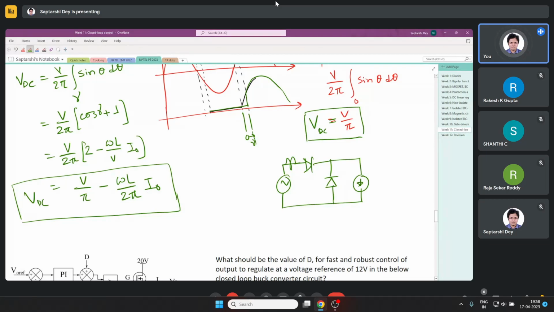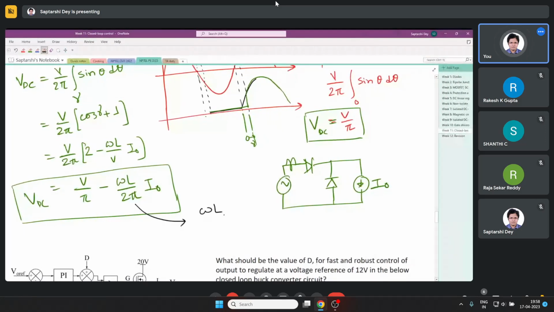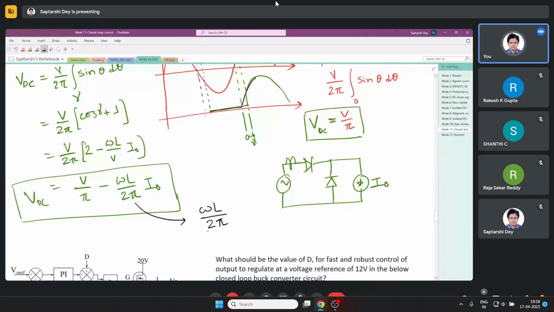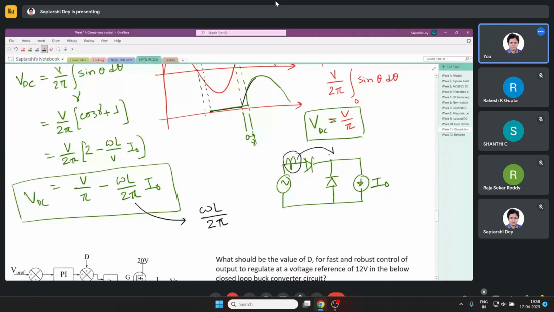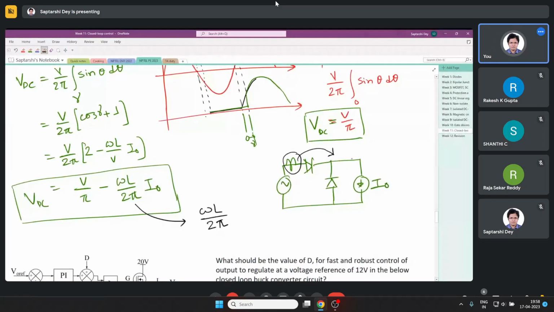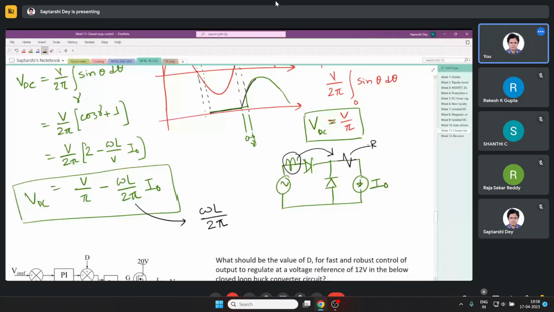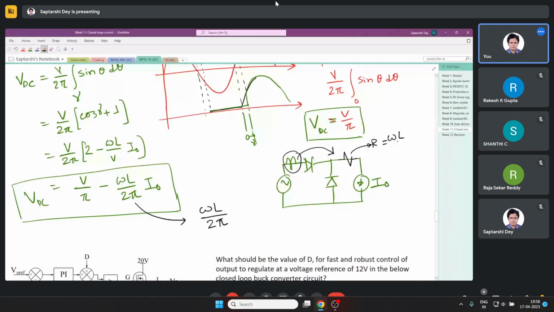Now, one interesting thing: if you look here, you see it is I naught times something which has the dimension of resistance. So the effect of source inductance is as if it is not there, rather there is an extra resistance here whose value is given by R equals omega L by 2 pi.